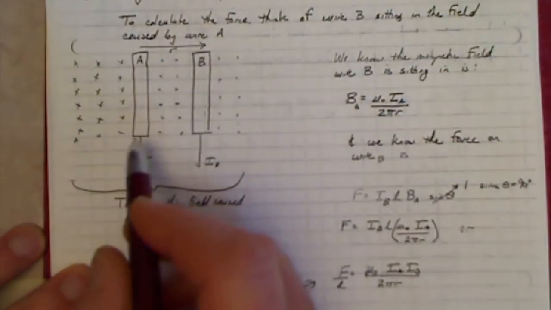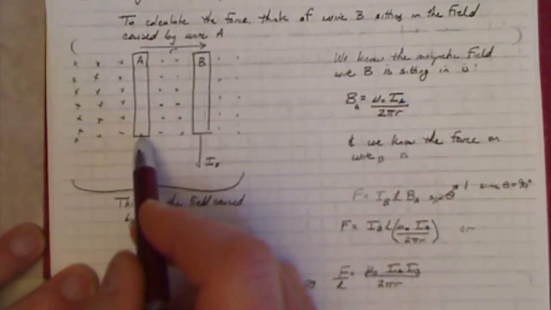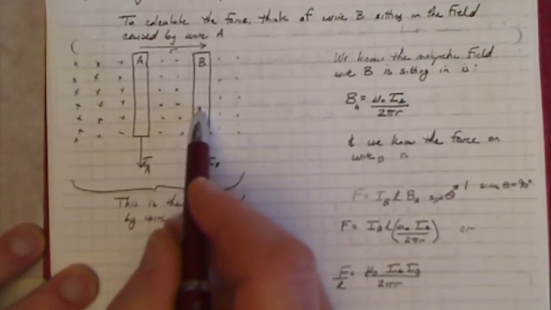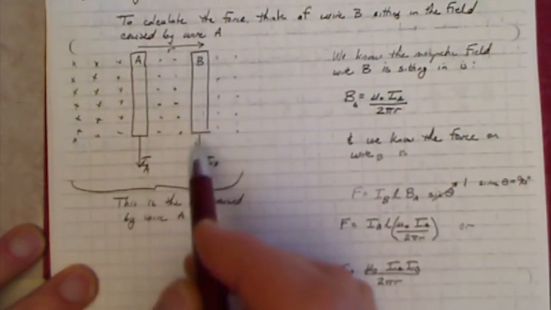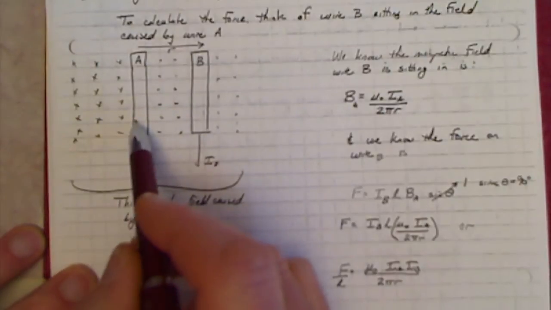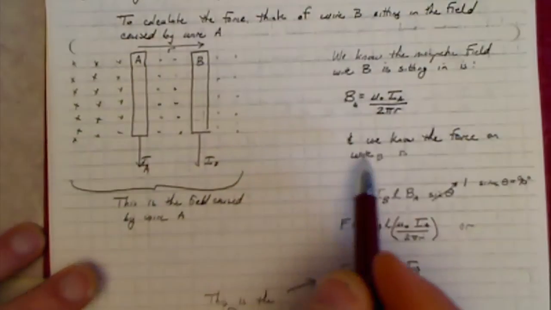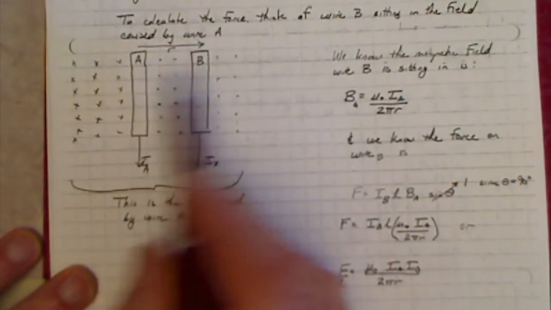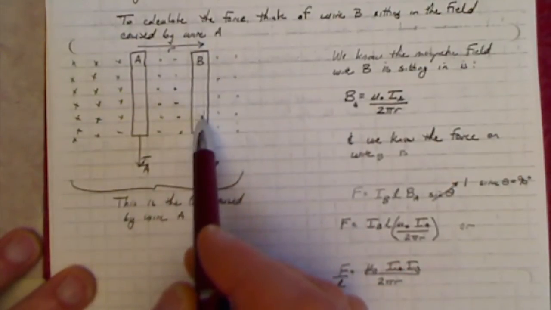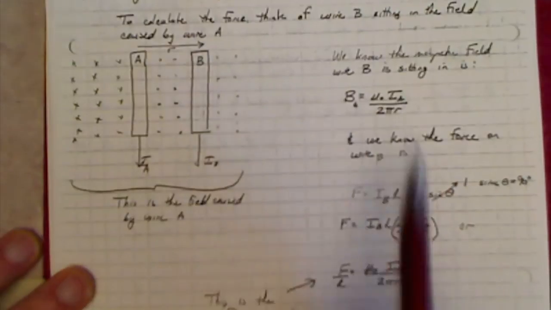R is the distance between wire A and whatever point you want to find the magnetic field at. At this point, it's where wire B is sitting. So that would be the magnetic field strength of A where B exists.